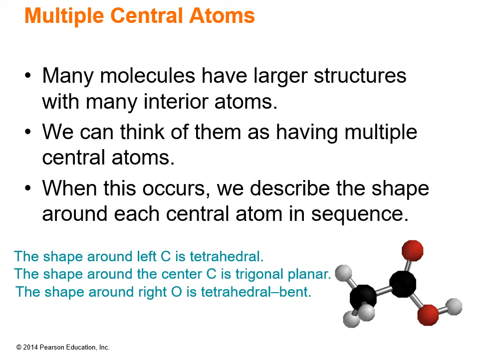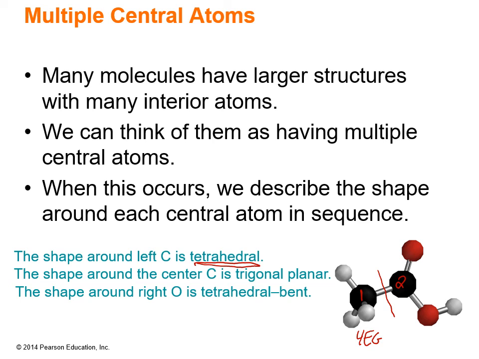So if we look at this particular molecule, and we can look at our first carbon, we see that we have 4 bonds around that center carbon, so 4 electron groups. And because it has 4 electron groups that are all bonds, this would be a tetrahedral shape around that leftmost carbon.